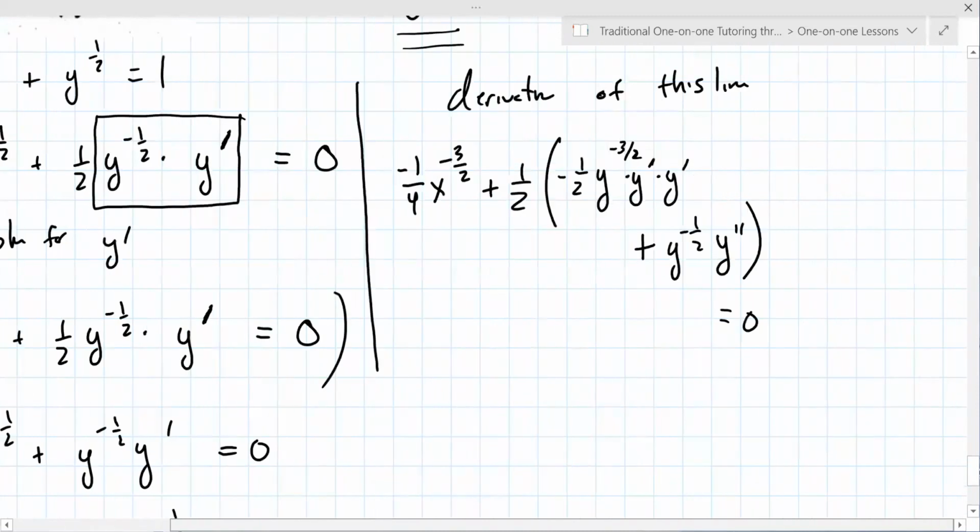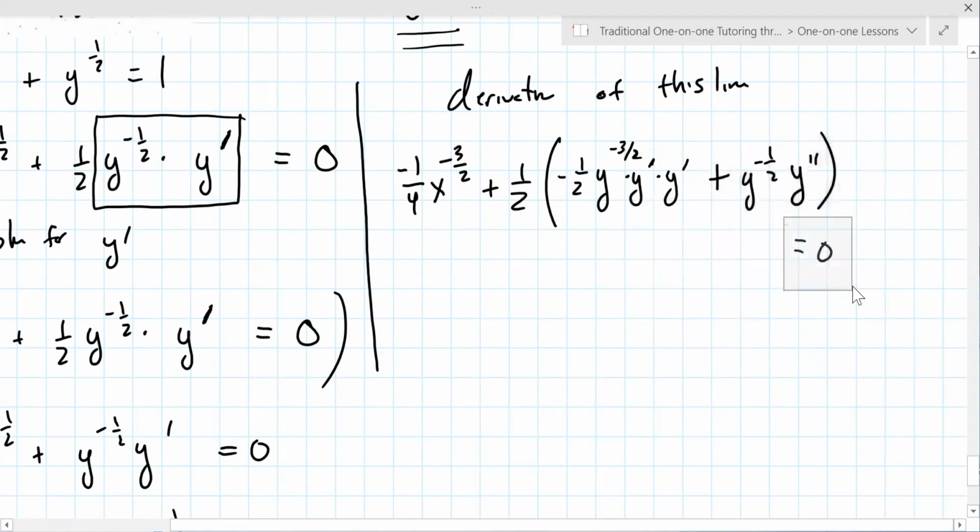Now over here, we need to get to this y double prime. So again, this guy, let me move this up. Okay, so the first thing I'm seeing is let's just clear some of this stuff out.